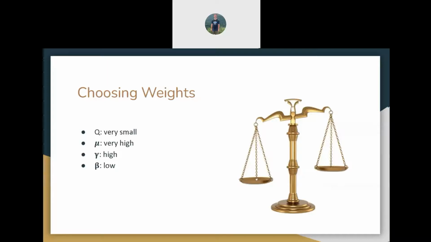We have to be careful though, because if we set mu too high, then the descent will ignore all the other constraints and just focus on satisfying the boundary conditions. And then I set gamma high because it's important that the final state is as close as possible to the target state. Lastly, I set beta to be low because although we do want to minimize the input, we're more concerned with how the system is behaving than we are with the input being low.